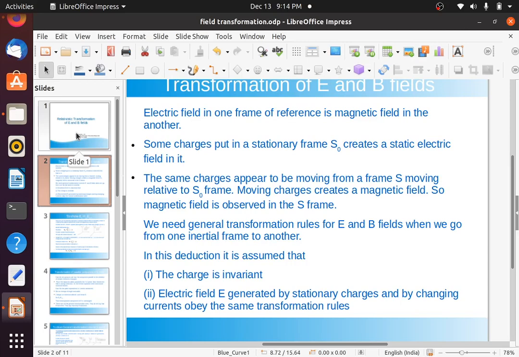We also showed that magnetism is not a new phenomenon. In the last class, we have seen that magnetism is not an independent phenomenon, but electrostatics combined with relativity can be used to obtain the same results as magnetostatics gives.